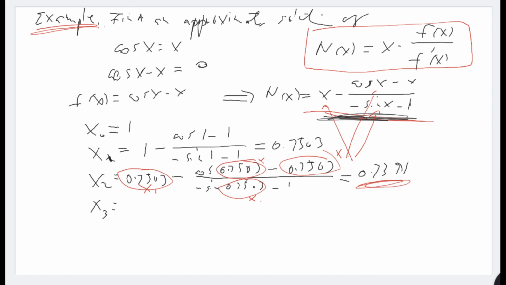From x2, I'm going to get x3 as 0.7308. And then plug in the x3 value here for x. Now get x4, just repeating the same kind of computation.